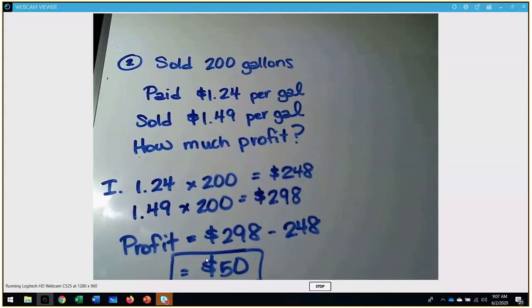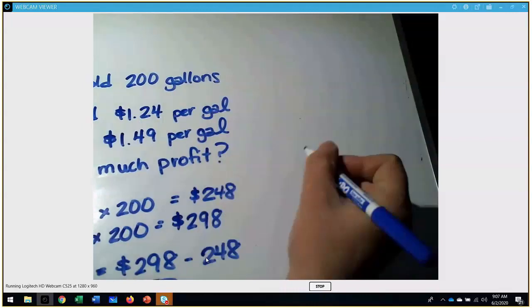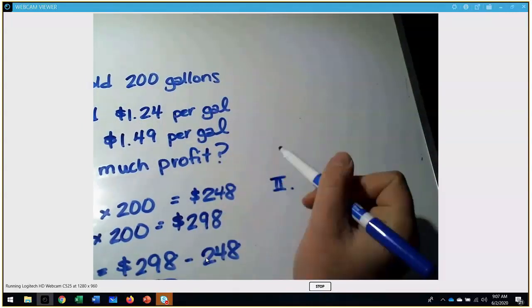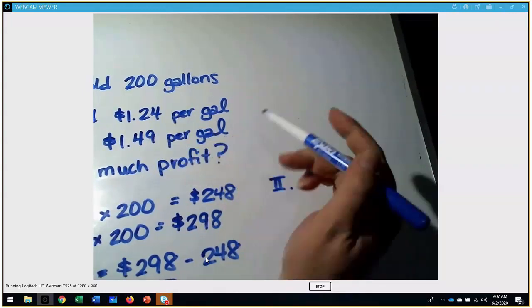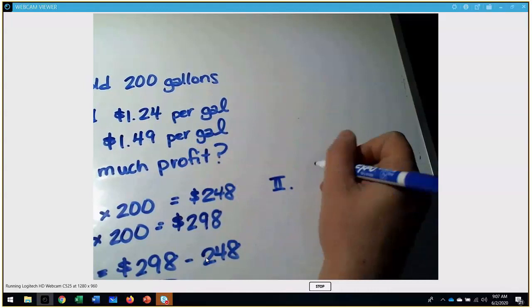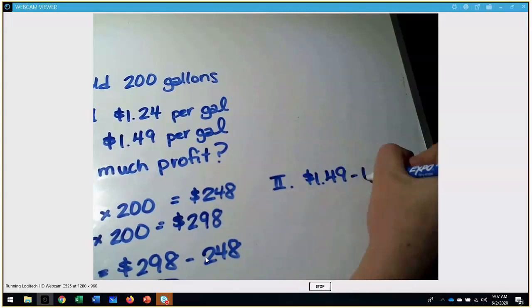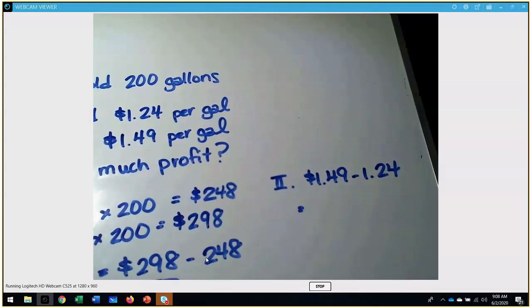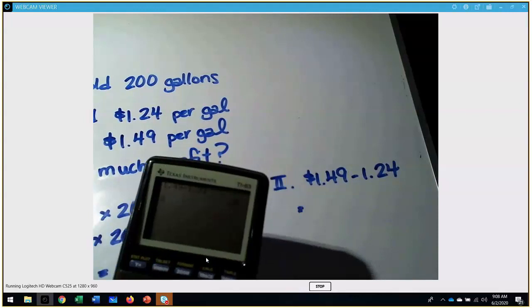Okay, that's one way you could have done it. The other way you could have done it, if you were thinking something different, is we could have started off right off the bat by figuring out how much profit they make per gallon, just doing everything in the reverse order. So we could have subtracted $1.49 and $1.24 to figure out the profit that they make just for 1 gallon, and then multiply by 200.